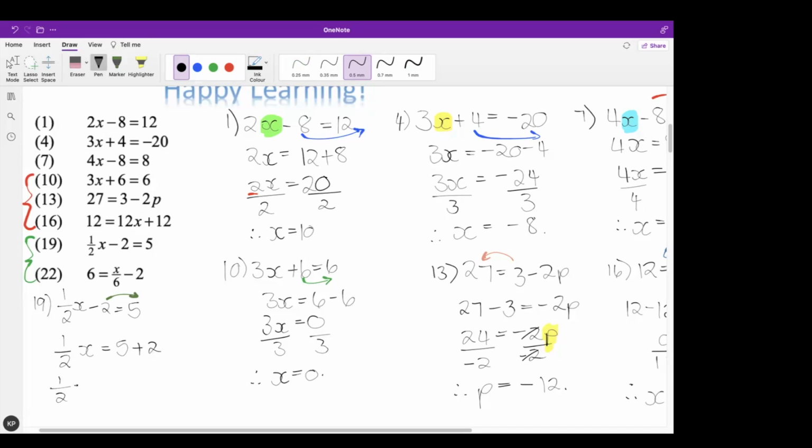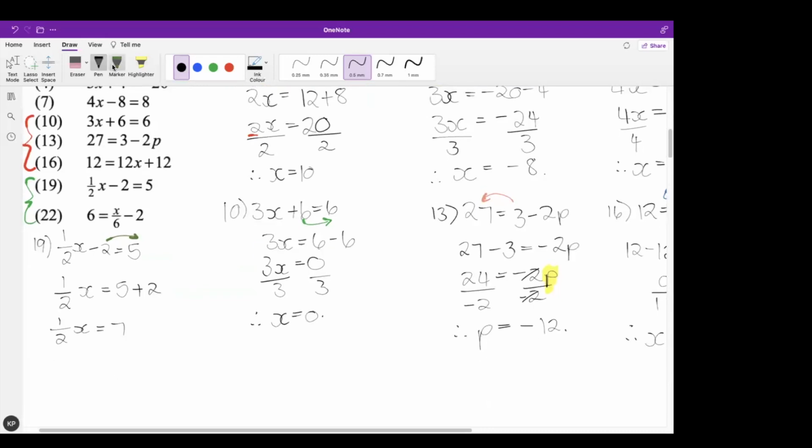So a half of x is equal to 7. Now to get rid of this half, I'm going to multiply by 2 on both sides because these will cancel out and it'll give me x is equal to 14. Nice. Can I have a response for number 22, please?